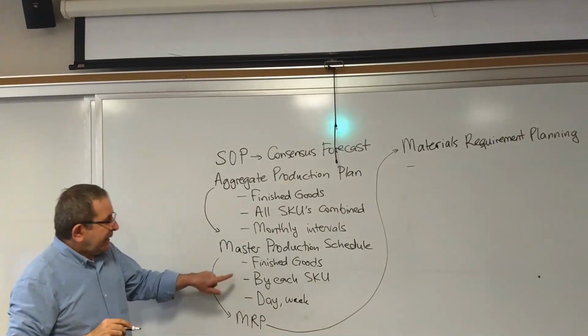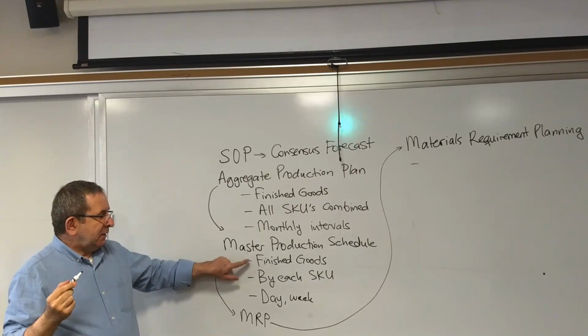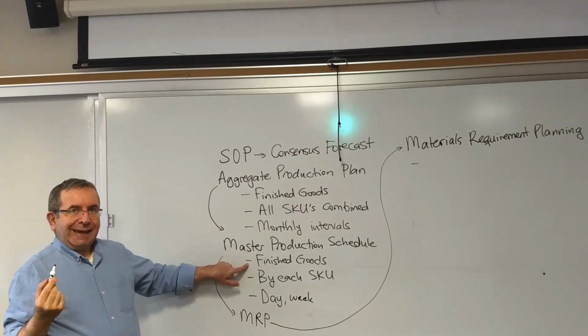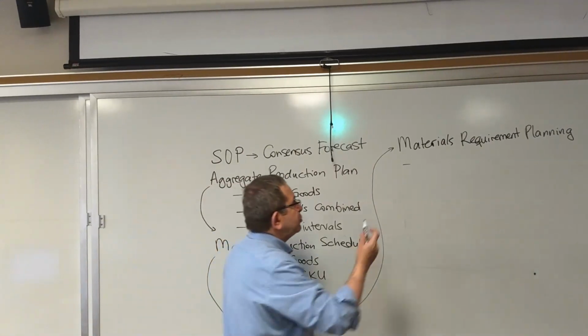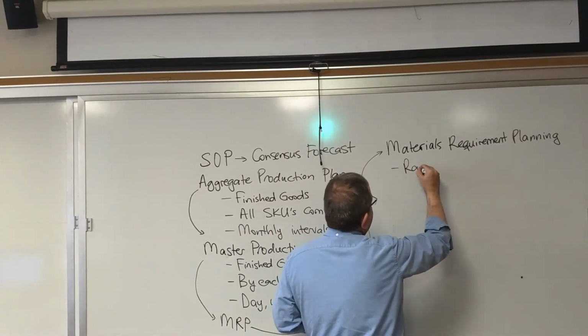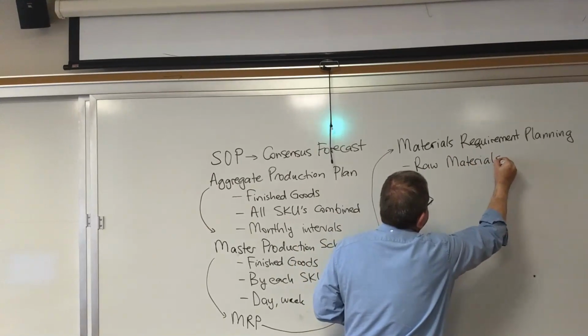MRP looks at which raw materials you need for each SKU, finished good. Depending on what you produce, which raw materials do you need?